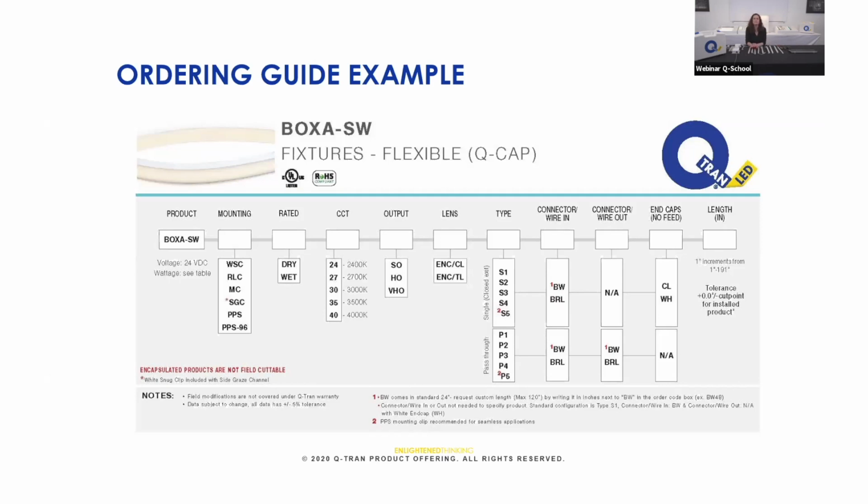And then we show that we have the options to do either connectors or wire in, as well as connectors and or wire out. BW indicates 24 inches of standard lead or exit wire, although it is available up to 120 inches for a small fee. And then the end caps, either clear or white, and we're going to show you some of the differences with those in a moment as well.